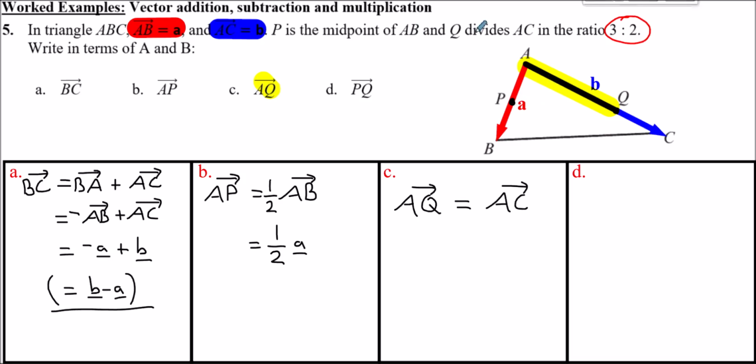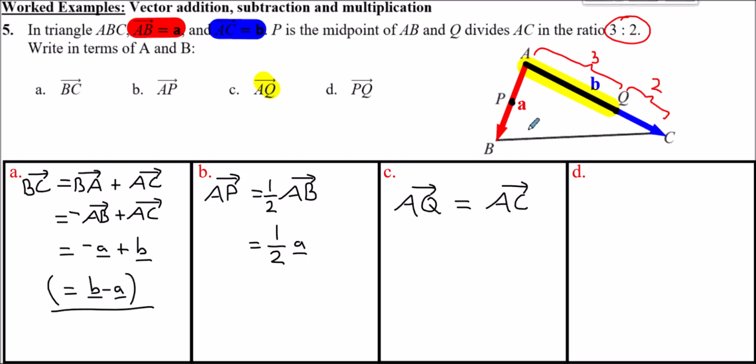And so P is a midpoint, but Q divides from A to C in the ratio 3:2. And so AQ is 3 parts long, and from Q to C, that's the remaining 2 parts long.